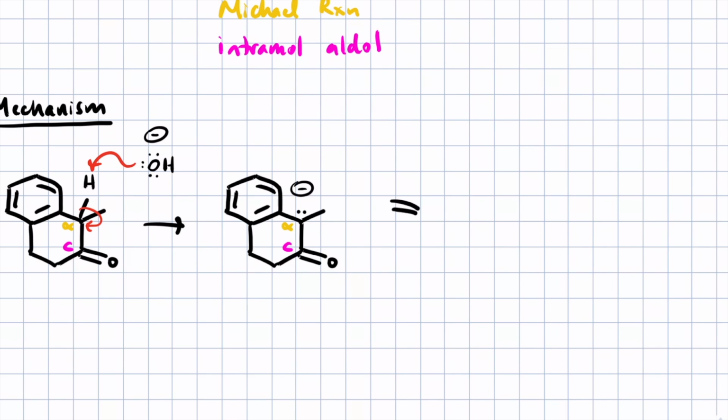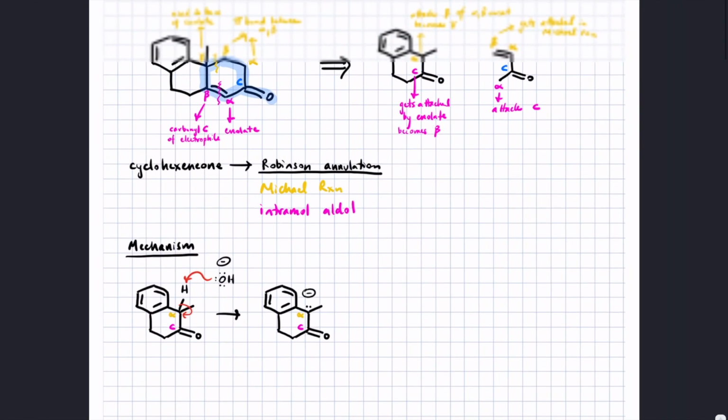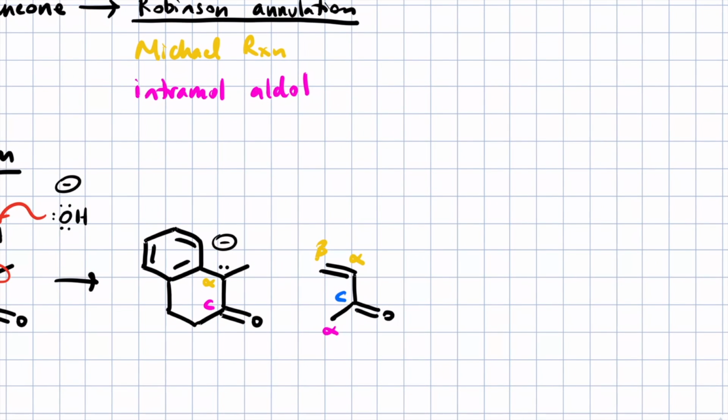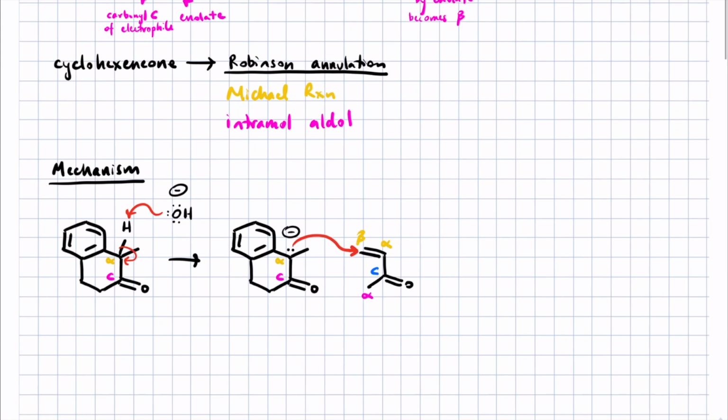It's at that stage that we can show the negative charge of our enolate attacking the beta carbon of our alpha beta unsaturated carbonyl.